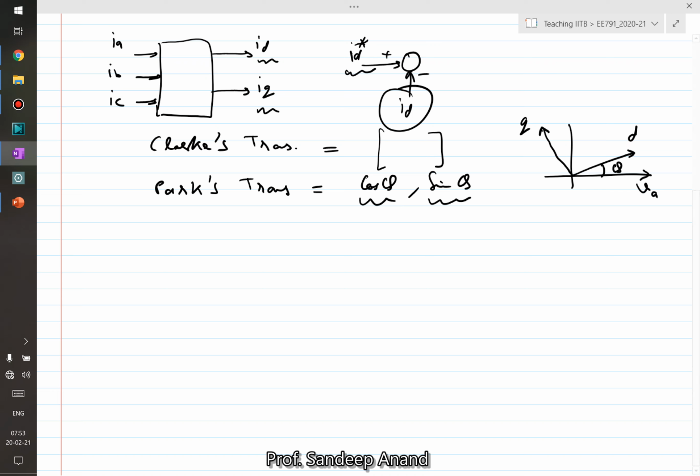Now, as we discussed, for the solar inverter loop, we would prefer to lock this D phase with the peak of the inverter net voltage vector.